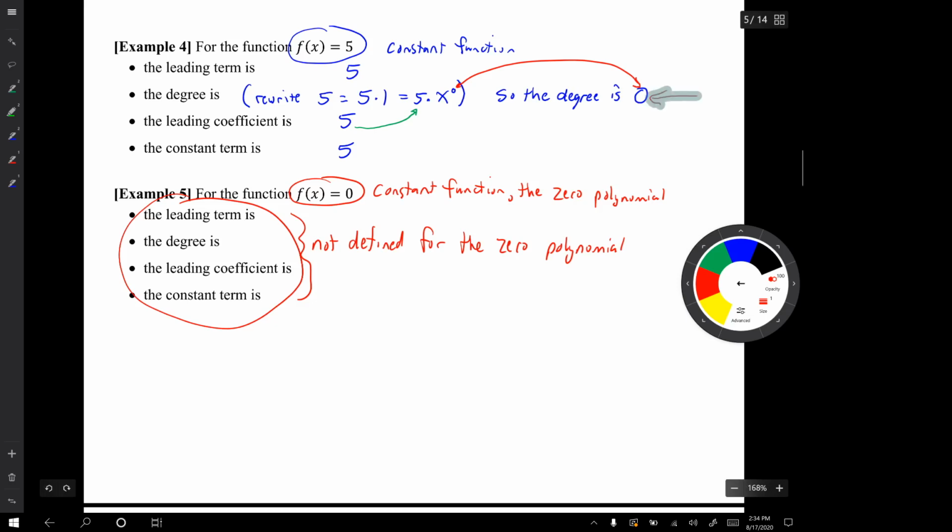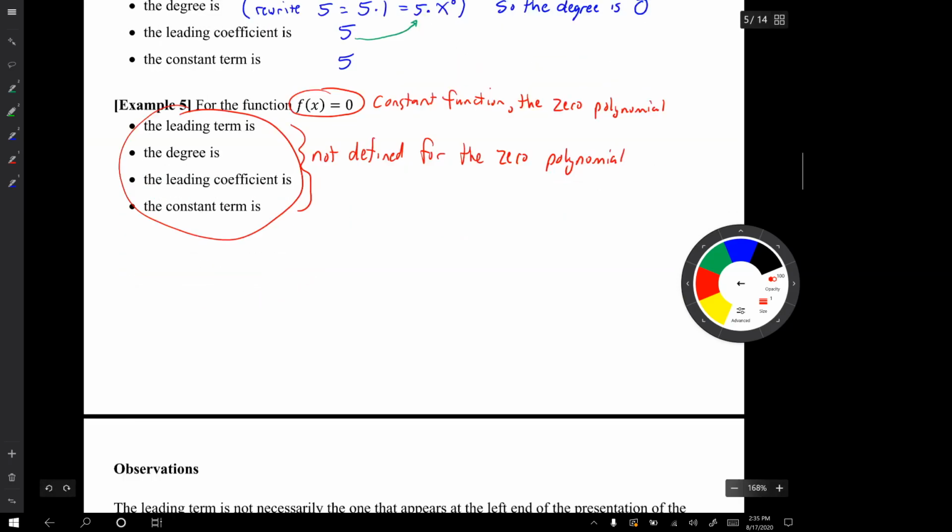But we cannot find the degree of the 0 function, the 0 polynomial. So the 0 polynomial does not have degree 0. The degree is not even defined for the 0 polynomial. A constant function does have a degree that's 0. So it's an important distinction.